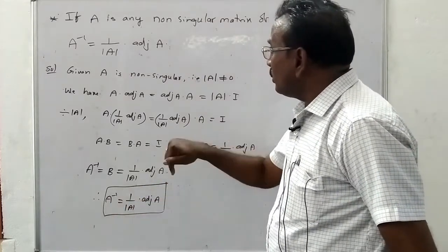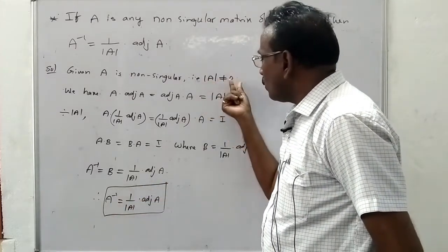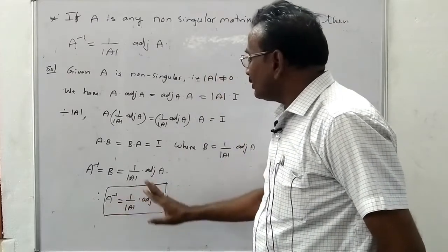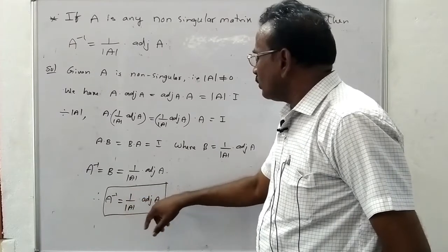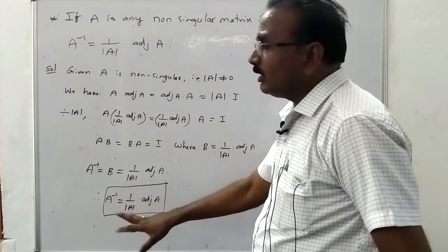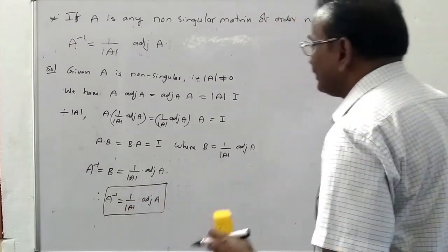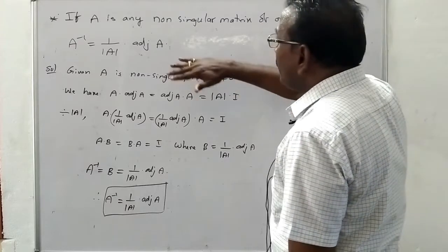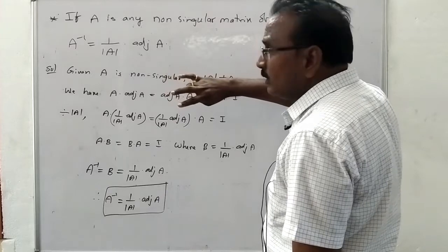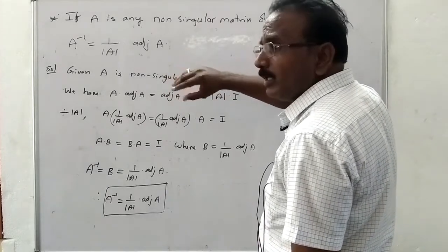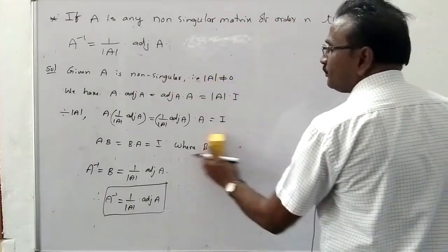If A is singular, that means determinant of A value is 0, A inverse does not exist, because A inverse becomes 1 by 0 into adjoint of A. 1 by 0 is not defined, that's why A inverse does not exist. Therefore, only non-singular matrices have an inverse. If A is singular, A inverse does not exist.